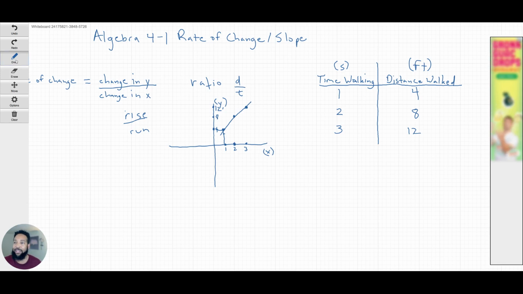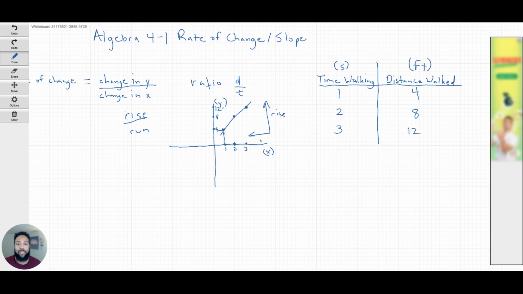So if I were to ask you, what is the slope of this line? It would be the change in y over the change in x, or rise over run. So when I say rise over run, here's our rise, and here's our run.